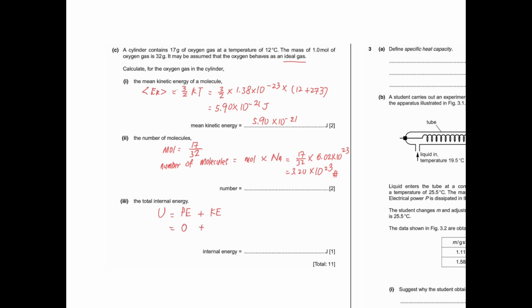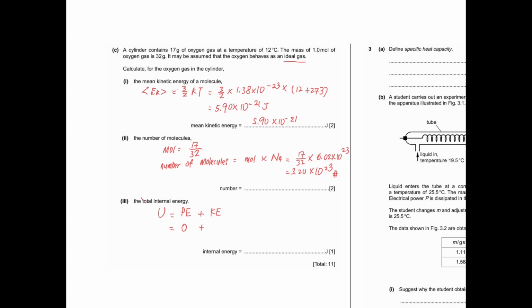And then for kinetic energy, how do we count it? We have information here. One molecule has this amount of energy, and you have so many molecules. So we multiply to get the total kinetic energy.